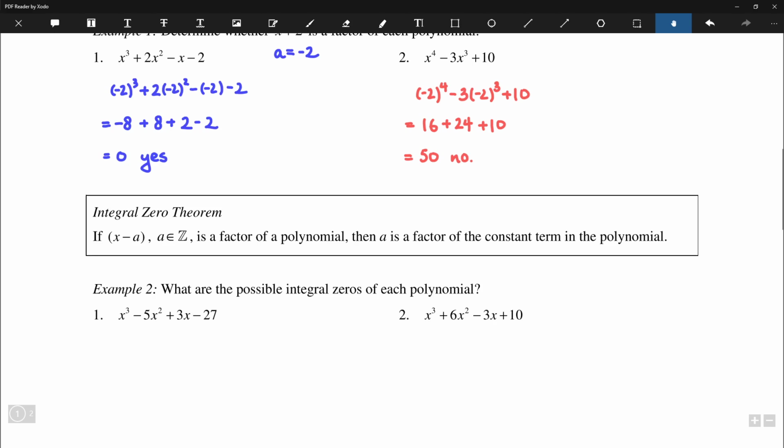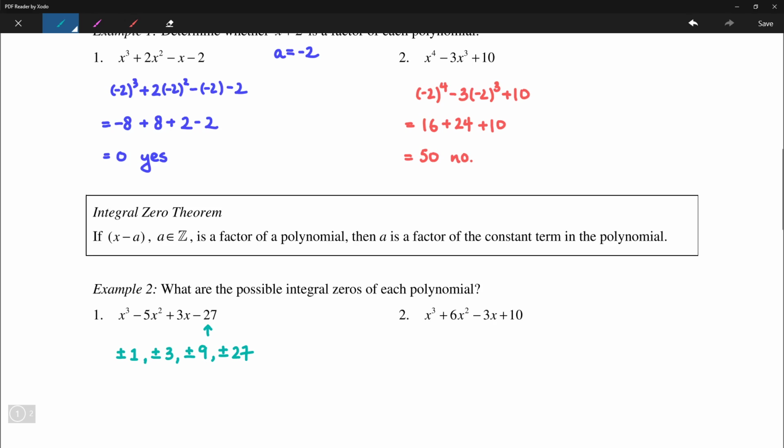Now, it could be. It doesn't mean that it is, right? So in this case, the constant term is negative 27, so we're simply looking at what the factors of negative 27 are. The factors of negative 27 are plus or minus 1, and also plus or minus 3, plus or minus 9, and finally plus or minus 27.